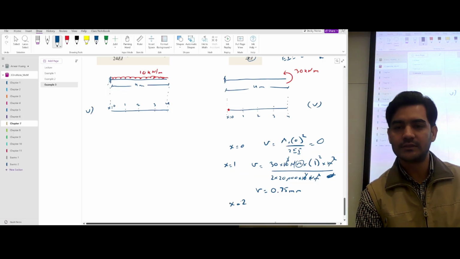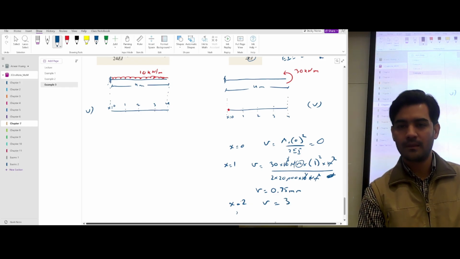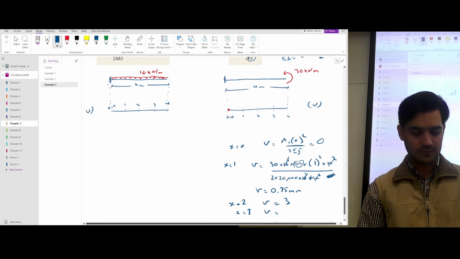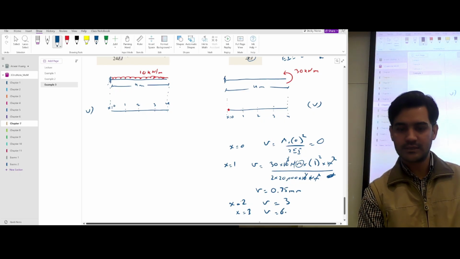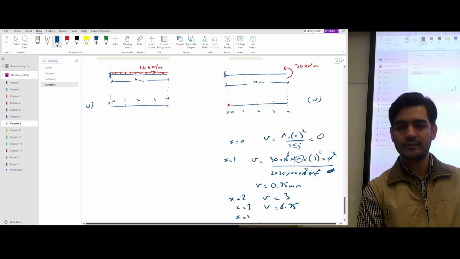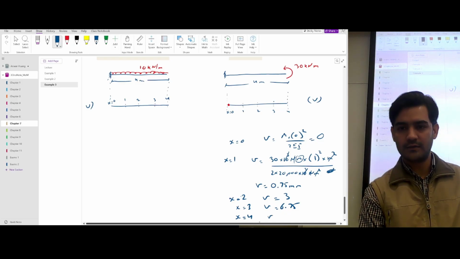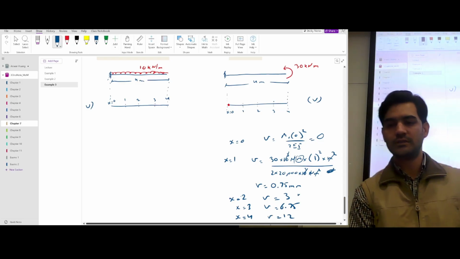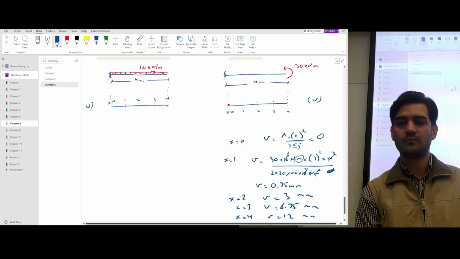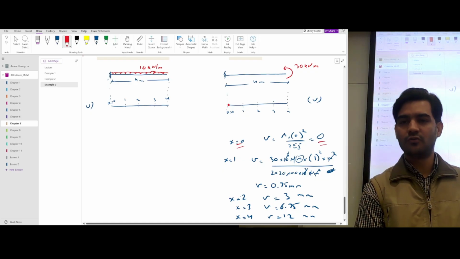Similarly, if you put x is equal to 2, you're going to get 3. If you put x is equal to 3, you're going to get 6.75. And if you put x is equal to 4, you're going to get 12. These are all millimeter. So now we can just plot this. At x is equal to 0, v is equal to 0.